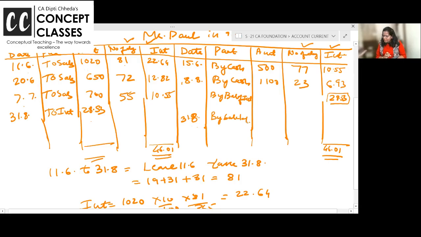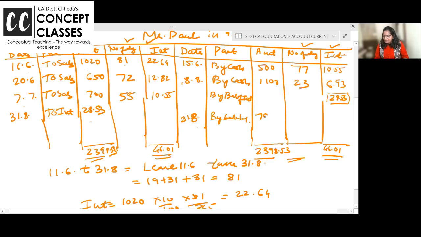So on one day, if you are settling, you do it like this. 1020 plus 650 plus 700 plus 28.53 is 2398.53. Here in the amount column, 2398.53 minus 500 minus 1100.